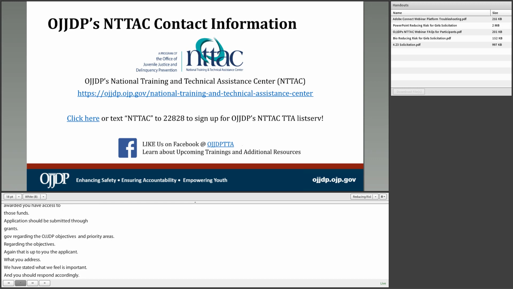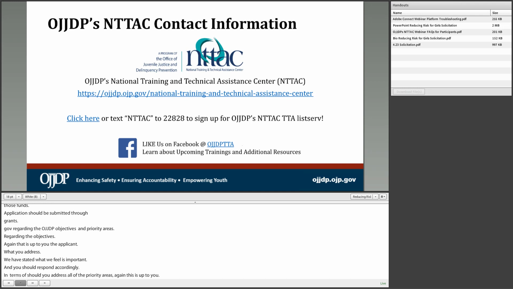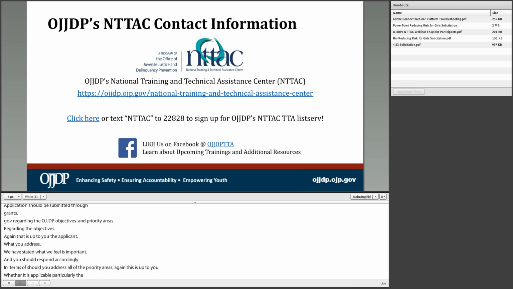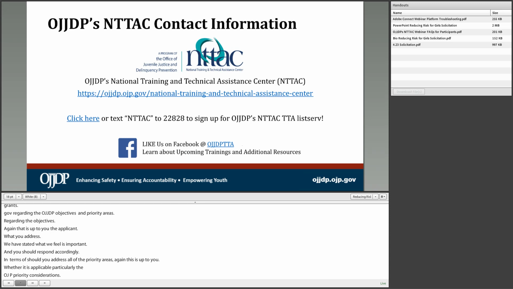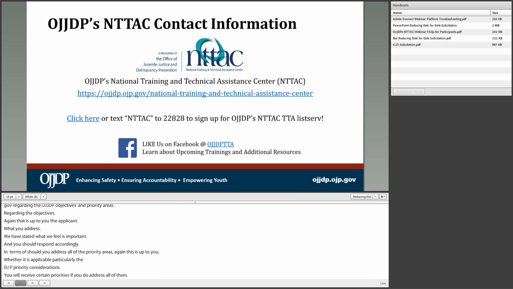In terms of should you address all the priority areas, again, this is up to you whether it's applicable, particularly those OJP priority considerations. You will receive certain priority if you do address all of them, but they may not be applicable to all applicants.